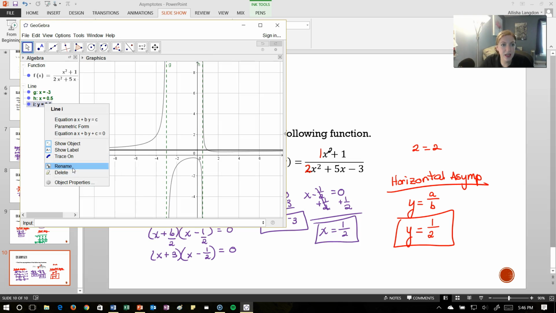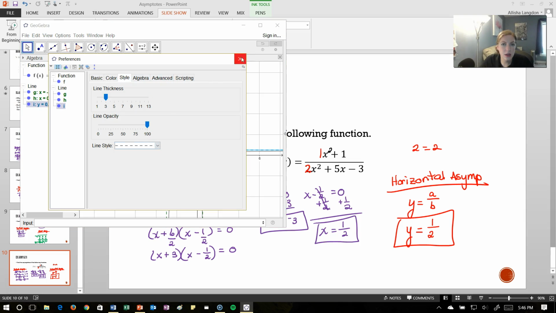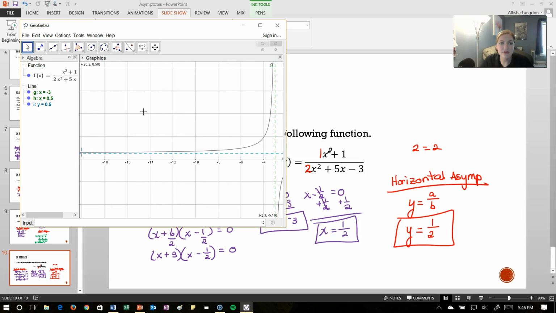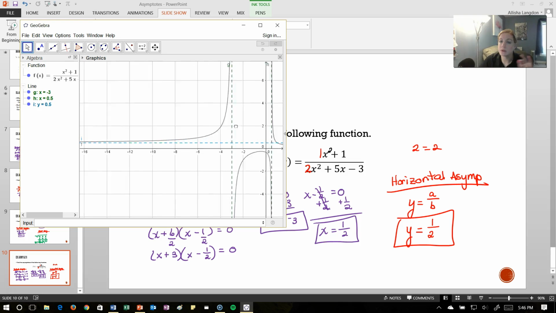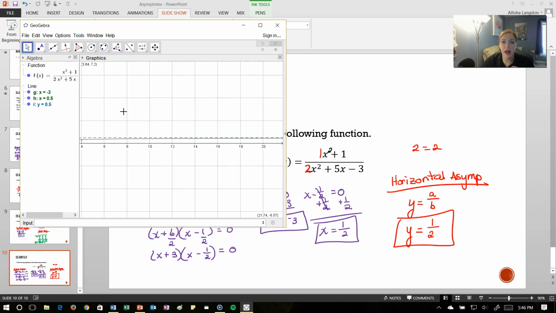Now, I'm going to go ahead and change the color of that so we can see it a little bit better. Hopefully that works. Okay, so you'll see here on the left, it does look like it's approaching that line from the top. Okay, from the top it's approaching ever so slightly, and it doesn't actually cross that line, so that's good. Now, on the other side, it does look like it goes down below the line, but it actually comes back up and is approaching the line from the bottom.